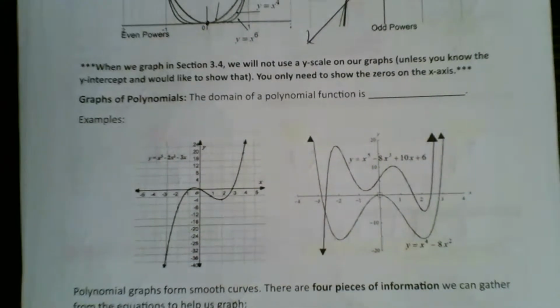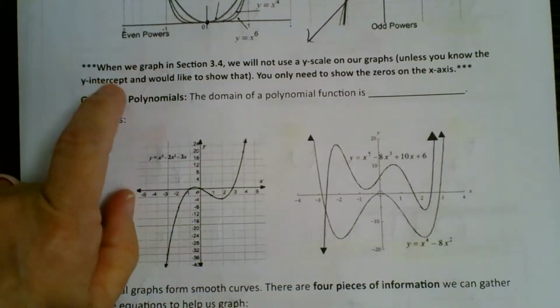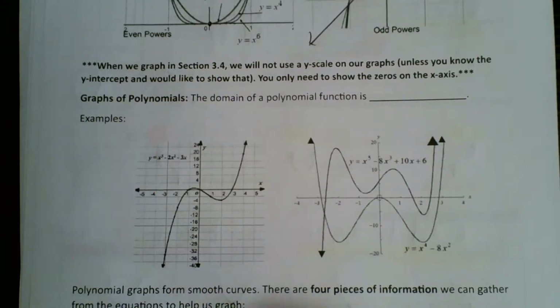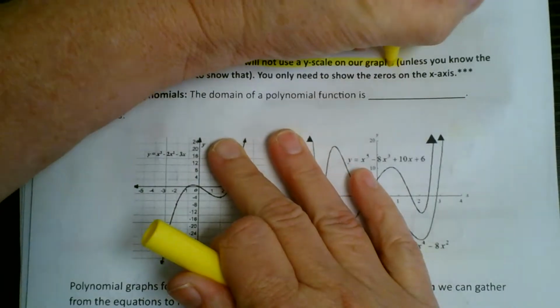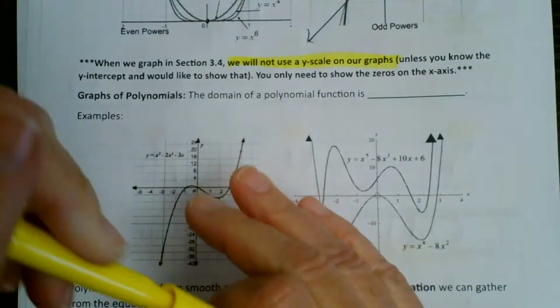We are going to be creating graphs. We are going to limit ourselves to what we worry about. So here's the deal, Lucille. When we make graphs in this section, we will not use a Y scale on our graphs.